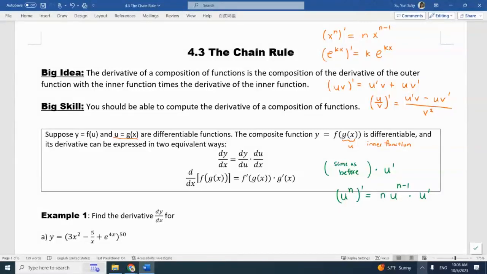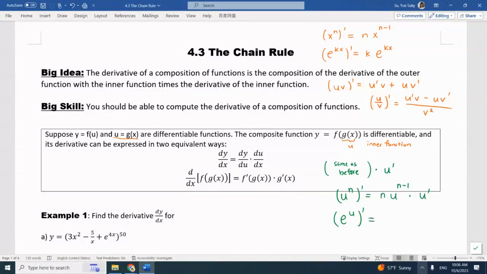A typical mistake is students put the u prime inside here. No, you multiply u prime at the end by itself, and it's just u prime. Don't put it inside the power. Okay, everybody? Therefore, e to the kx. Now my x is like u, so let's just use e to the u.